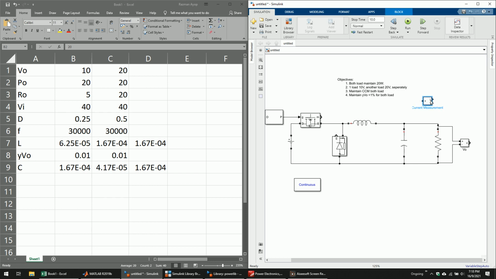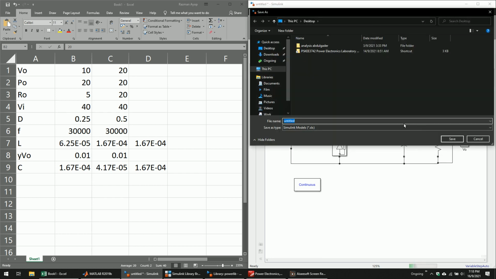When it comes to watt, you have to measure voltage and current. So let me delete this, click one time, delete it, and combine it back. And combine it here. Now this is okay.